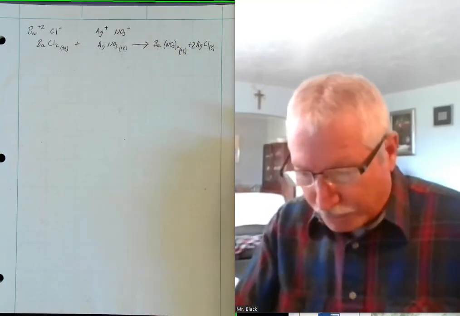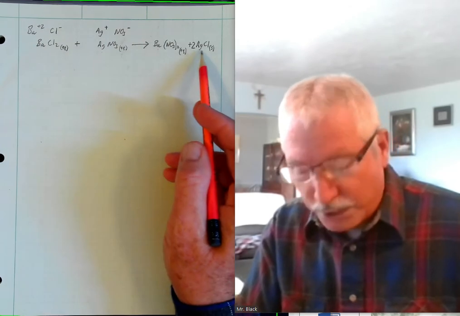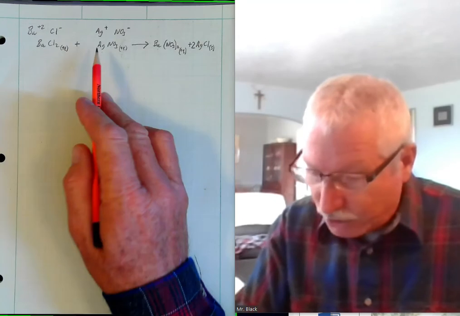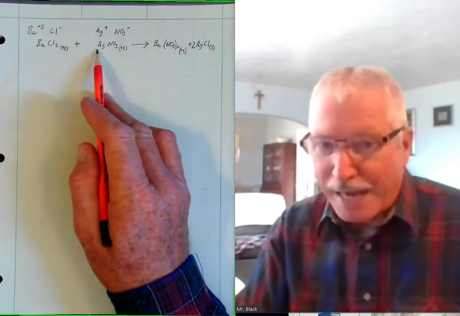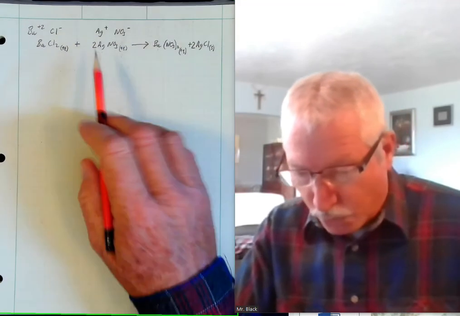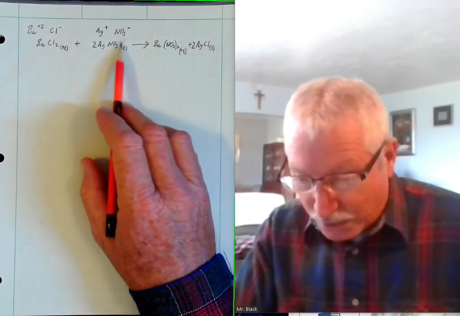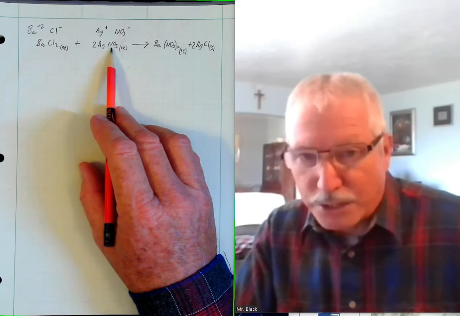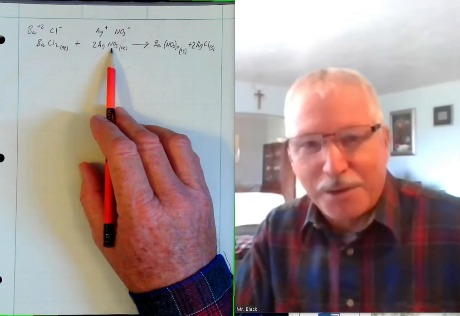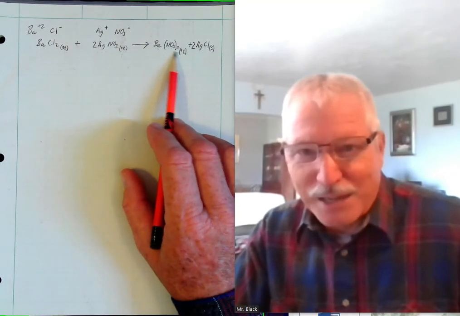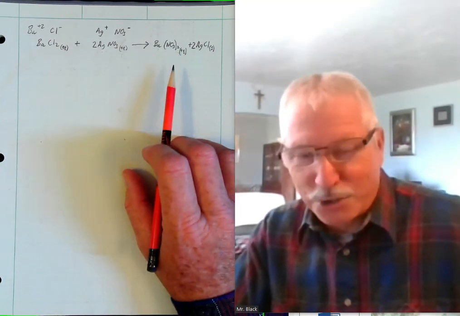Okay, well that has repercussions because now I have two silvers on my products side, which means I also have to have two silvers on the reactants side. Let's put a 2 in front of there, and bear in mind, of course, that I'm doubling this entire thing when I do that. So that means I now have two nitrates on my reactant side. But that works out great because on my product side, we've already figured out that we have two nitrates.